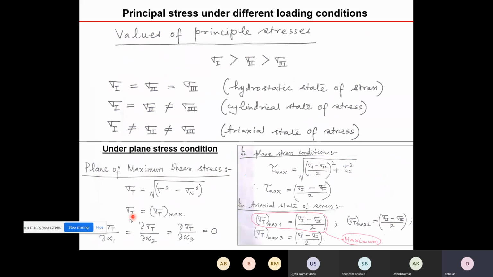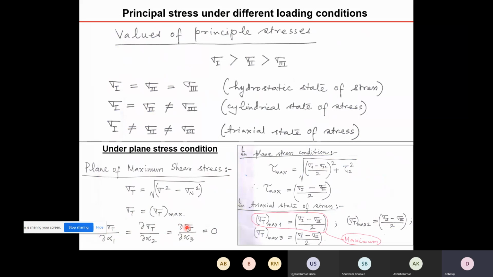That also can be calculated by considering all the inclined planes where there is shear stress and taking the derivative of sigma t by delta alpha 1, alpha 2 and alpha 3 equal to 0 to maximize the condition.